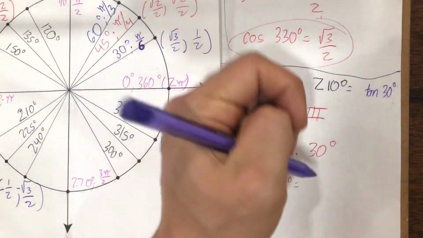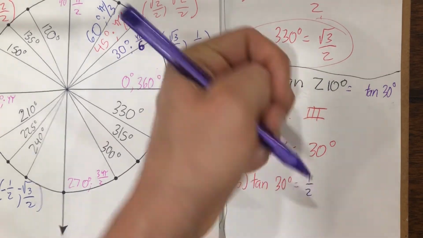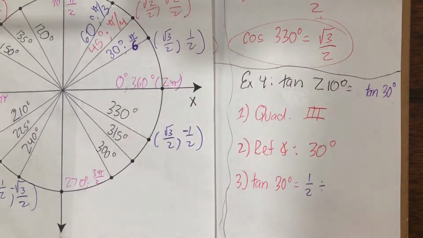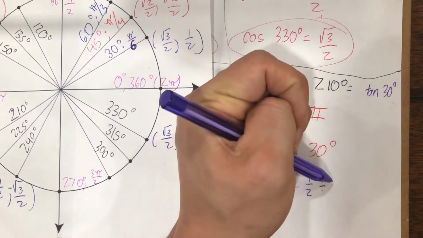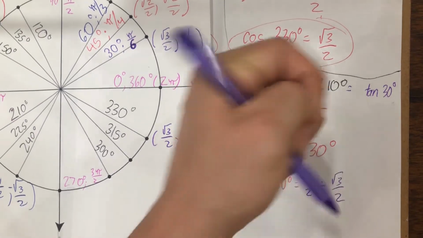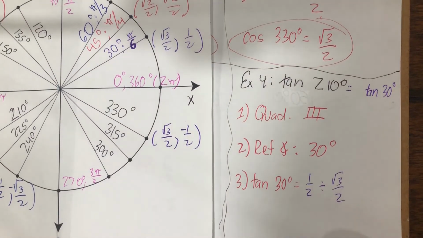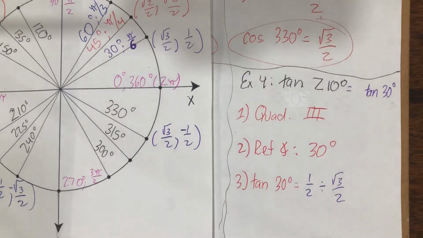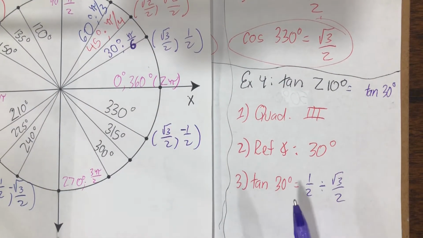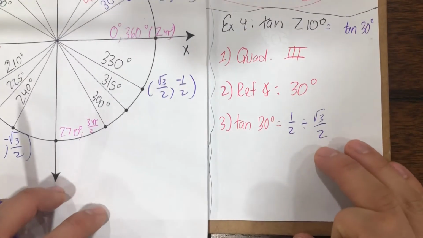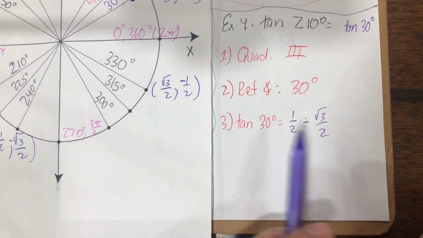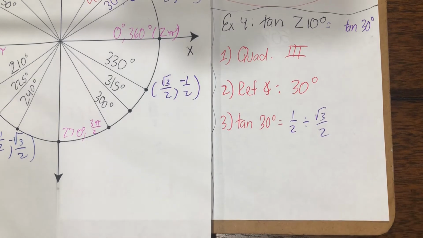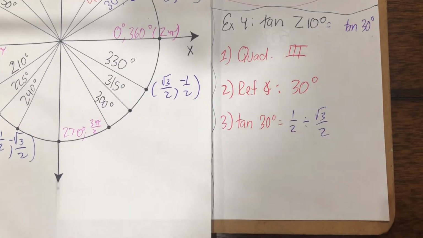So I have 1/2 divided by root 3 over 2. Remember, we're dividing the y coordinate by the x coordinate. All right. Now, unfortunately these two are not the same number, so we're going to actually have to divide these two numbers out, but we're dividing fractions.